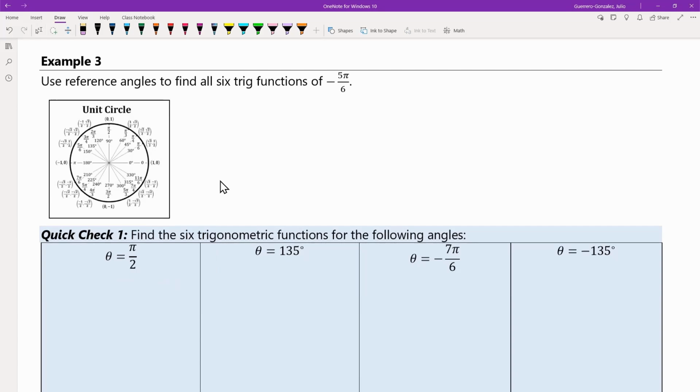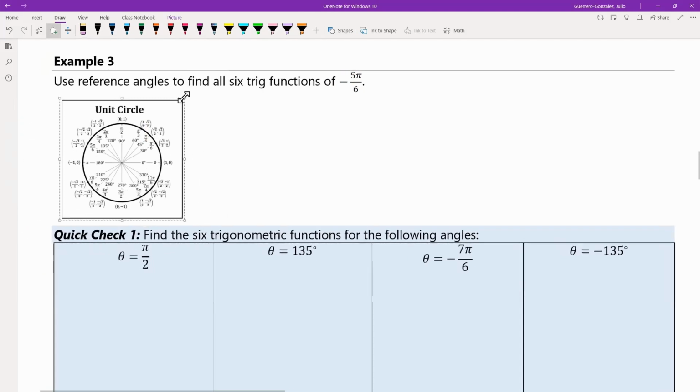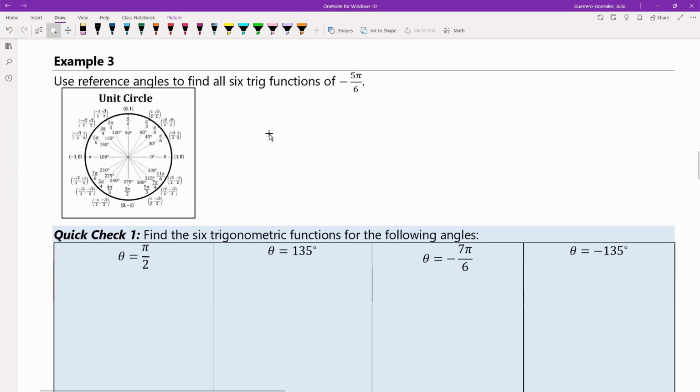Okay, so I am looking for negative 5 pi over 6. So I'm going to go to my unit circle and find it. I want to make the unit circle a little bigger, but I'm on my desktop computer, so bam, there we go.